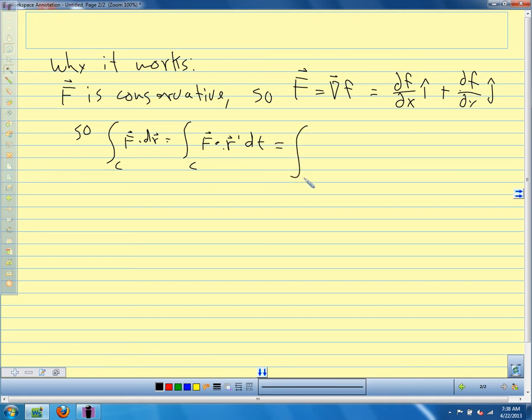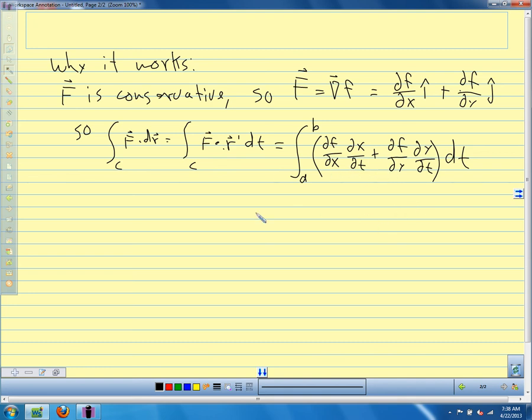is going to be the integral from a to b for a parameterized curve of df/dx times dx/dt. dx/dt is just the i component of r prime, plus df/dy times dy/dt. That's just the y component of r prime, times dt.